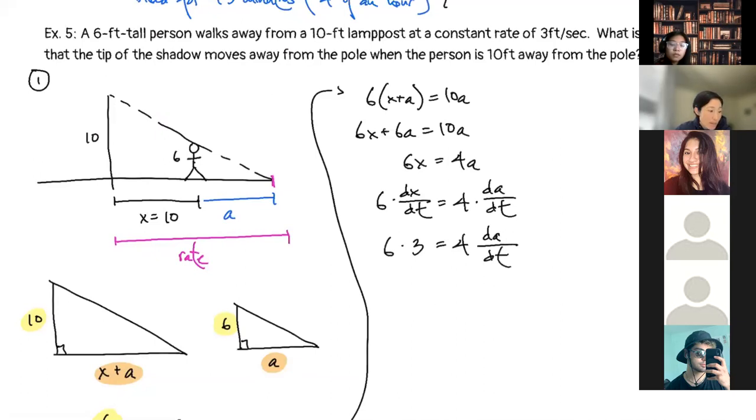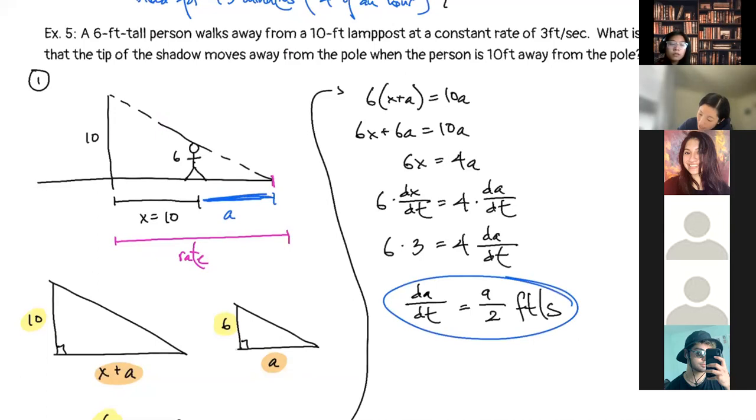So we do a little bit of manipulation. We get dA dt equals, I think, 9/2 feet per second. That gives us how fast A is changing. And the 3 gave us how fast X is changing.